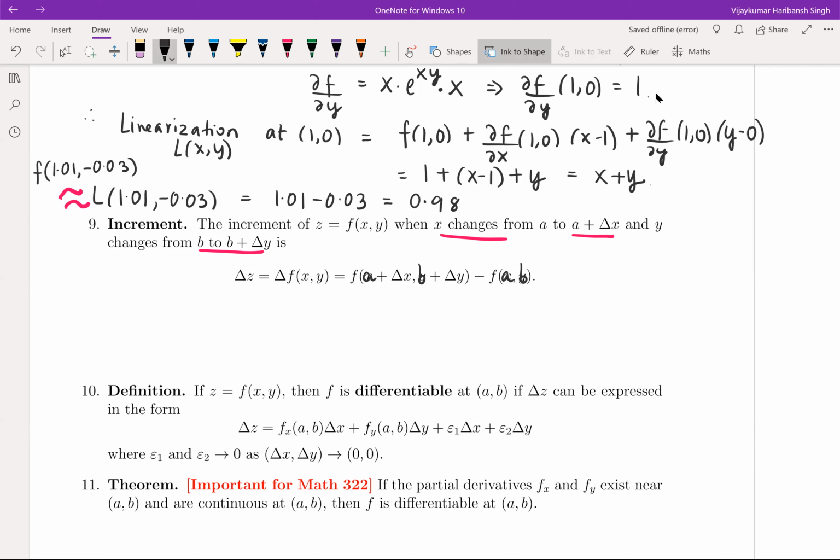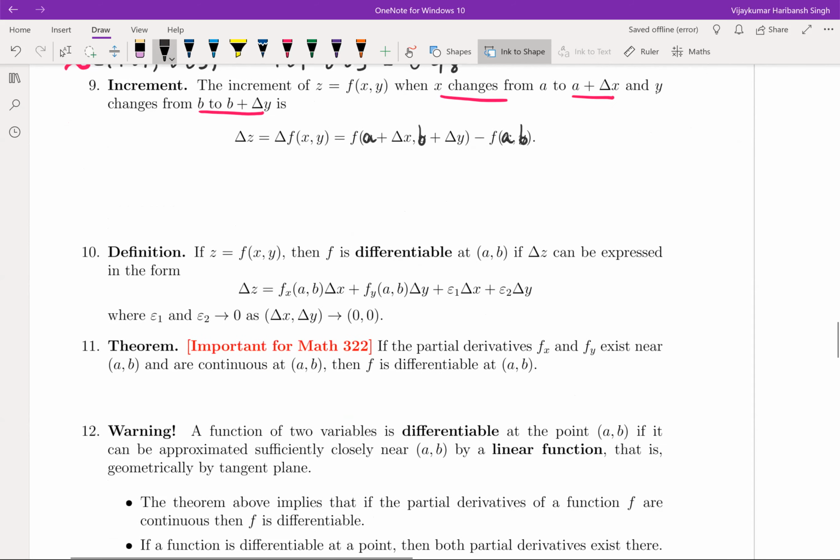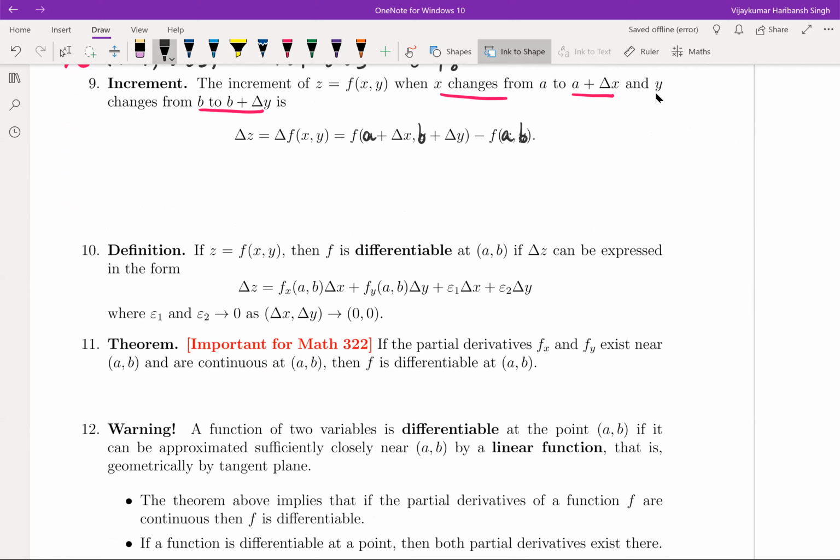So this leads to the definition of differentiability. In two variables, we say z equals f of xy is differentiable if delta z can be expressed in the form fx of ab delta x plus fy of ab delta y plus epsilon 1 delta x plus epsilon 2 delta y, where epsilon 1 and epsilon 2 both go to 0 as (delta x, delta y) goes to (0, 0).